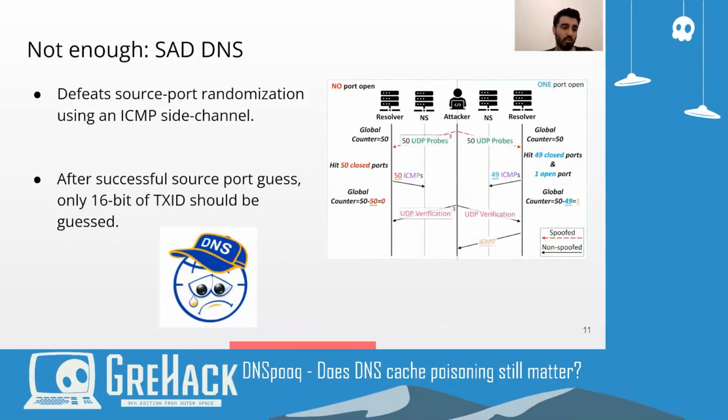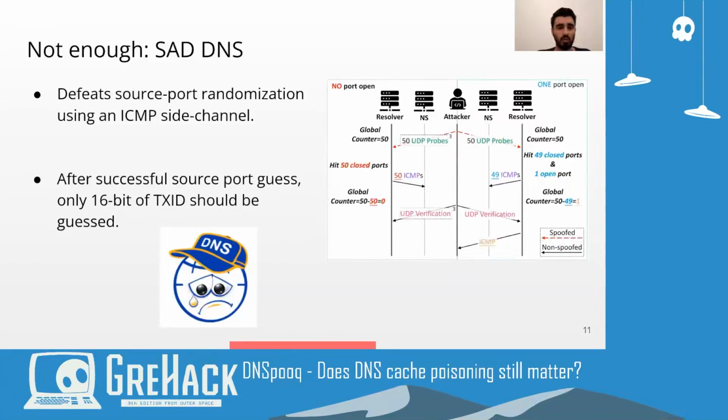So despite the UDP source port randomization, researchers found ways to defeat this defense. One recent attack is DNSSEC, and it defeats source port randomization using an ICMP side channel. So Linux uses a global ICMP rate limit counter, and researchers found a way to probe which UDP source ports are open at the machine, the resolver.